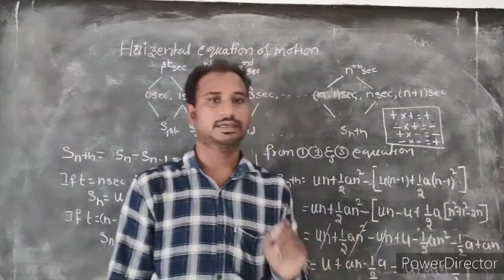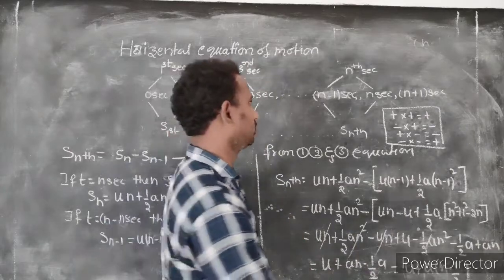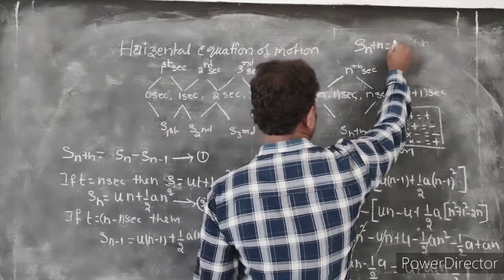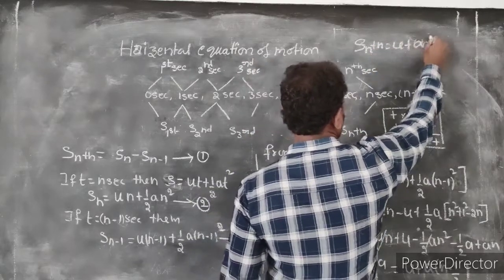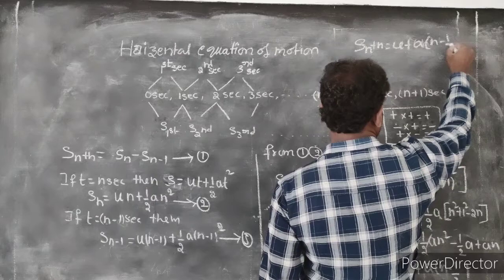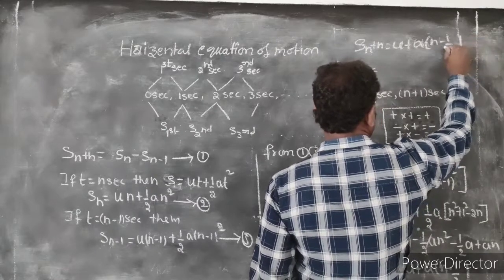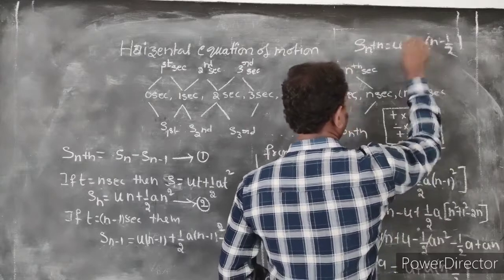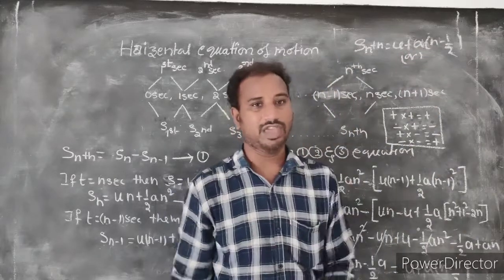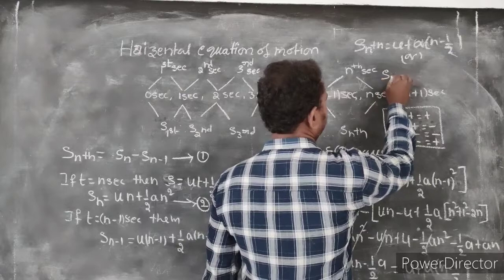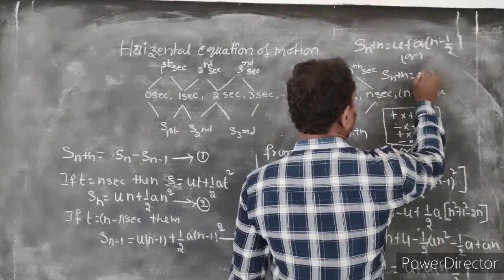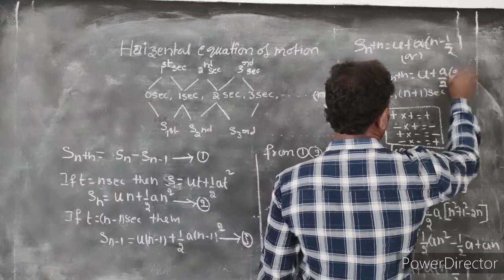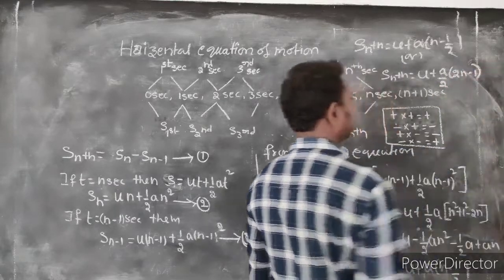This equation represents the fourth equation of motion. Write that fourth equation of motion: Snth equal to u plus a of n minus 1 by 2. Or we can represent this formula in another way: Snth equal to u plus a by 2 into 2n minus 1. Understood?